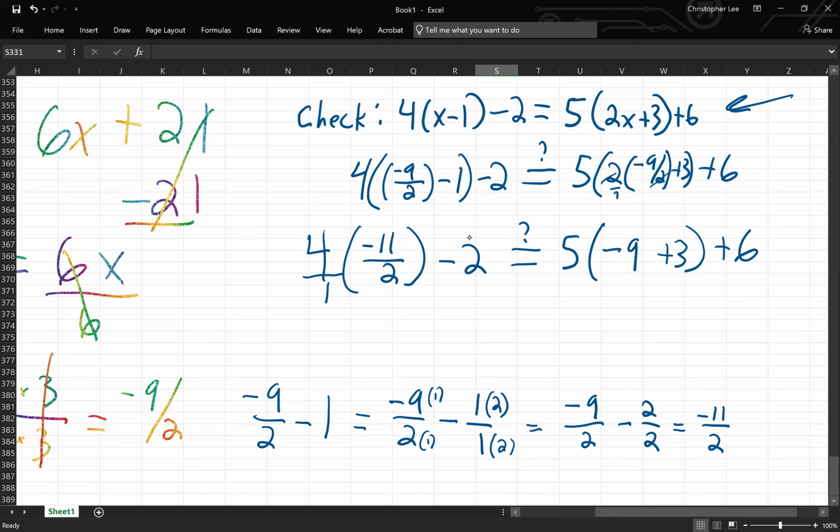So 2 goes into 2 how many times? Once. And 2 goes into 4 how many times? 2, right? So now just multiply straight across. So 2 times negative 11 is negative 22, minus 2, is allegedly equal to 5 times... What's negative 9 plus 3?